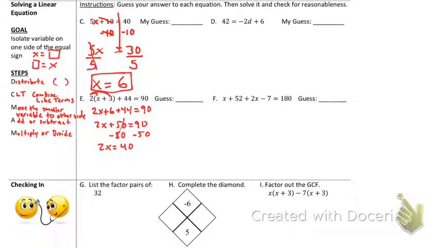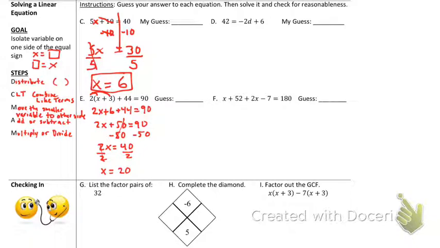And now I want to go ahead and isolate the x again. So I have to get rid of the 2. The 2 here is multiplying, so to get rid of it, I have to divide on the other side. Okay, and we get x equal to 20.